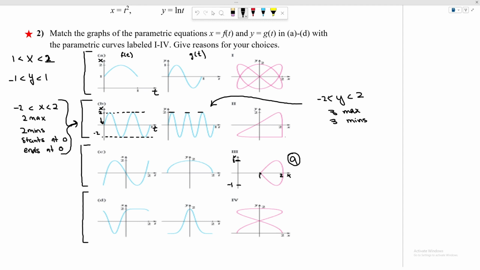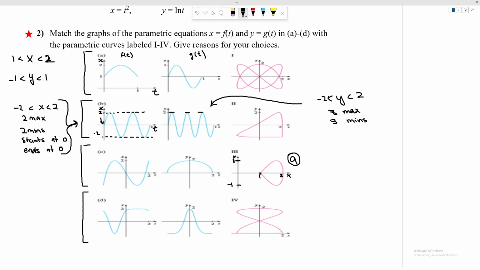Right? And so now, let's match this with something. This one here, my y is at 2 and -2, and my x is at 2 and -2. However, I don't see any max and mins here. My y has only one max, and my x has an infinite max. This is a straight line, that means infinite max.